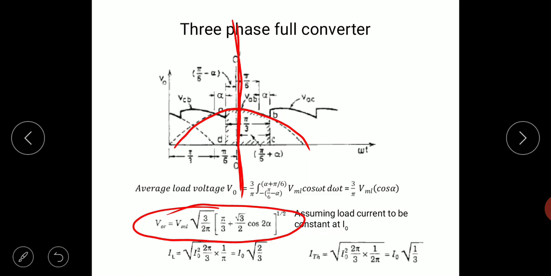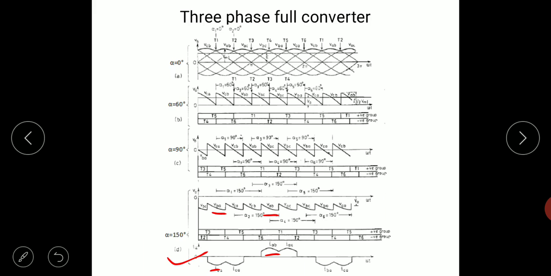Now if we assume our load current to be constant in this figure, this can happen if the load is highly inductive. Rather than ripple, it is constant in nature.